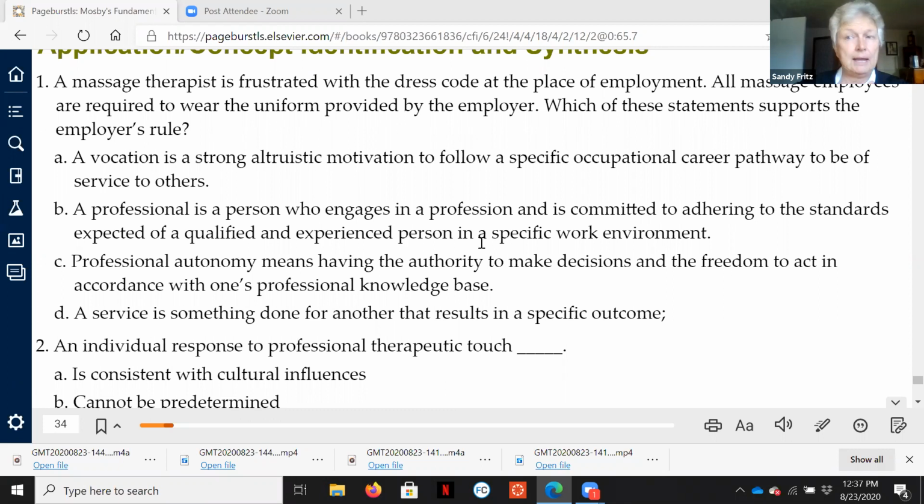Okay, so if we're a massage therapist, we're acting professionally. You're supposed to behave like you're supposed to in a specific work environment. This is the part that makes this the right answer. So all of these are true statements, but only B fits with the question.